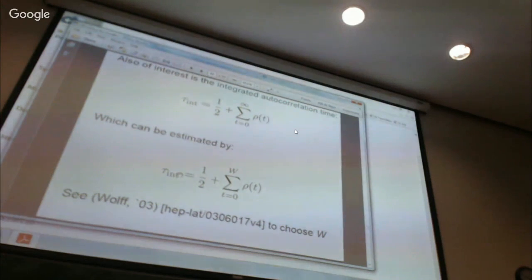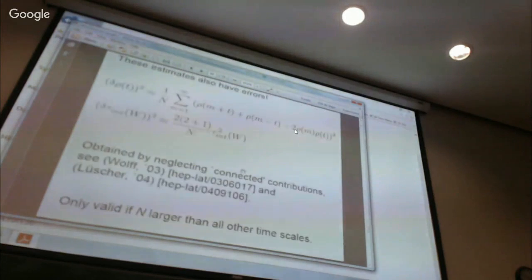So those two factors are taken into account in the criteria discussed in this paper for how to estimate W. But you can see that it doesn't matter so much. There are statistical errors associated with rho and thus with tau int. They're given here. So this competition between statistical and systematic errors is what drives you.